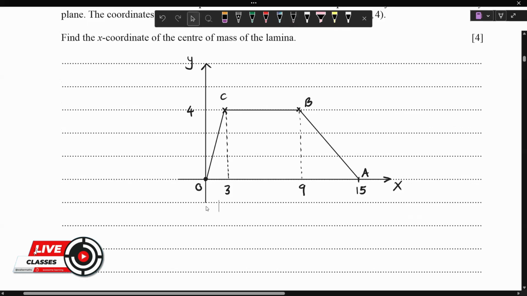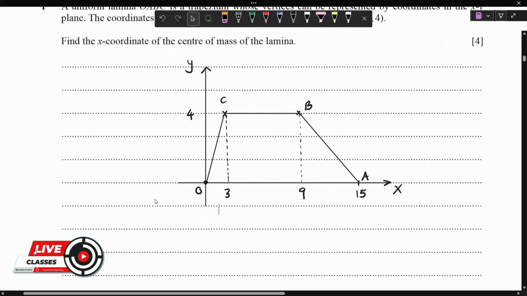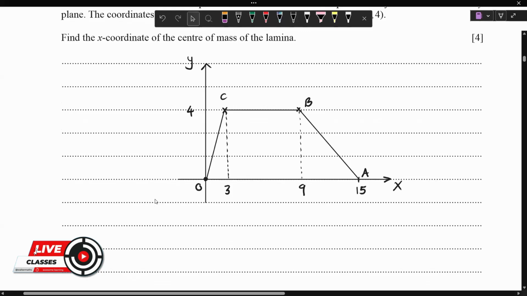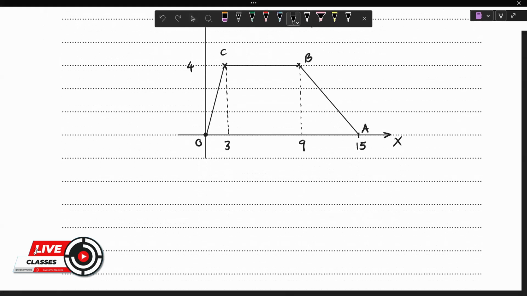Yeah. All right, so they're saying you should find the X coordinate of the center of mass of the lamina. To find it, we are going to consider the center of mass of each of these, because we are going to treat these as 3 different shapes: shape 1, shape 2, shape 3.